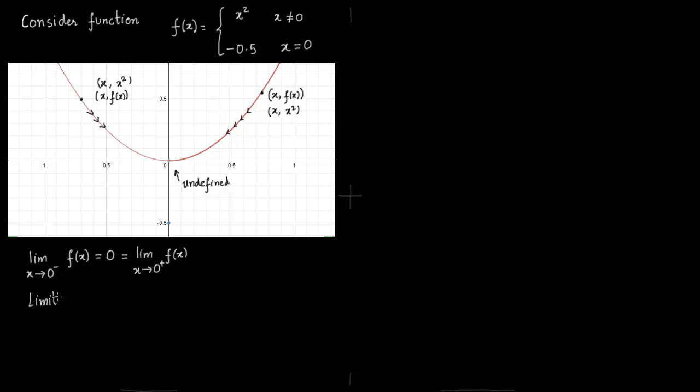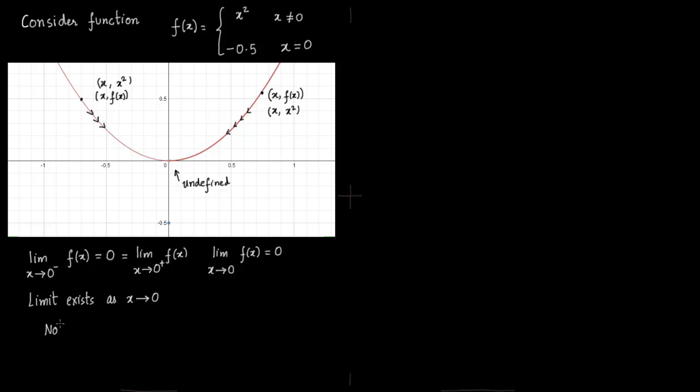So since the limit from the negative side and the limit from the positive side both agree, we say the limit exists as x tends to 0, and this limit is nothing but 0. So the limit as x tends to 0 of f(x) is 0.